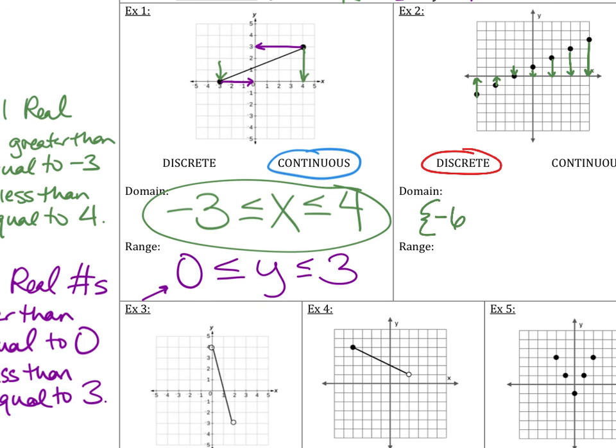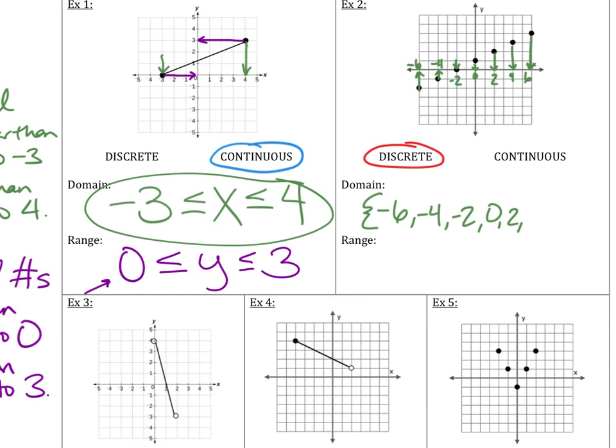What's the next one? -4. What's the next one? -2. What's the next one? 0. What's the next one? Positive... oh, you're right, I put a 1. 2, 4, and 6.